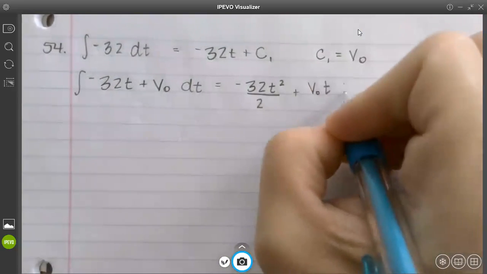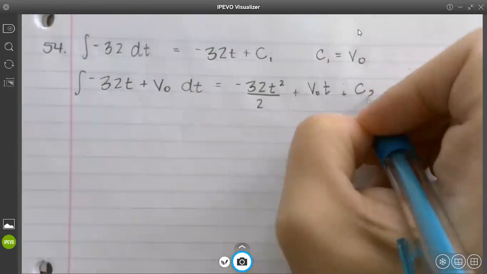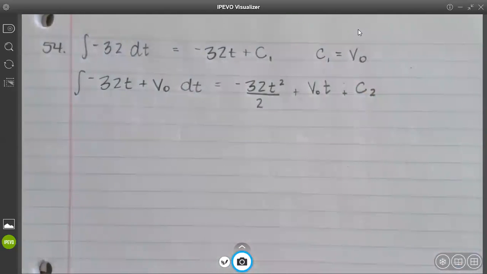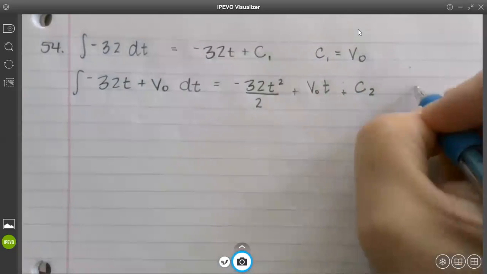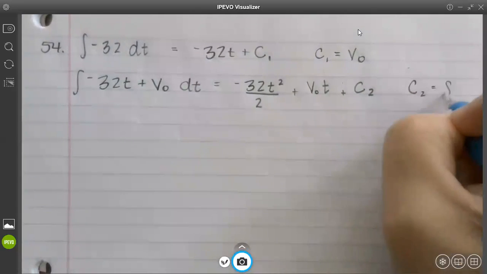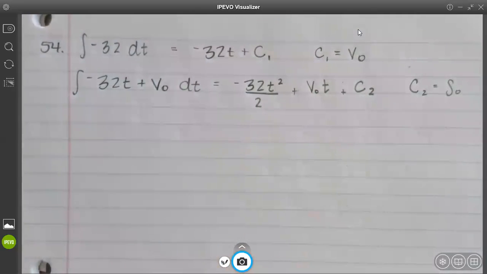T. What else is it going to have? C what? C2. Okay, so same thing, right? Your C2 is your initial speed. Position, whatever you want to call it. Okay. Very good.